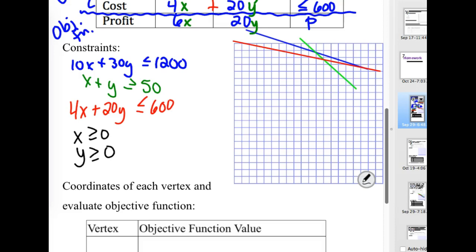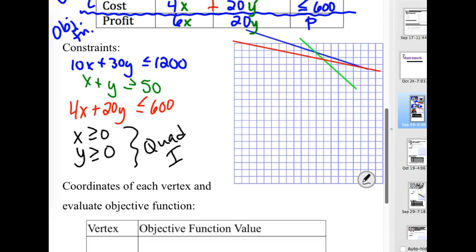We can make none. We could say I'm not going to make any t-shirts, I'm going to make all sweatshirts, but we can't make negative. So these two combined basically tell me that I am in quadrant 1. Yes? So as long as you tell me that, hey, this means quadrant 1, you don't have to graph those.